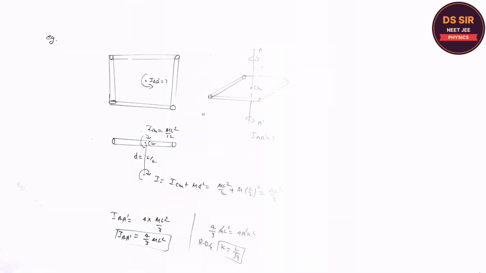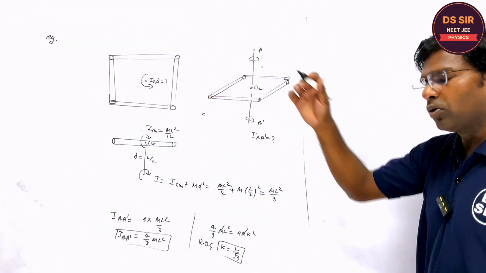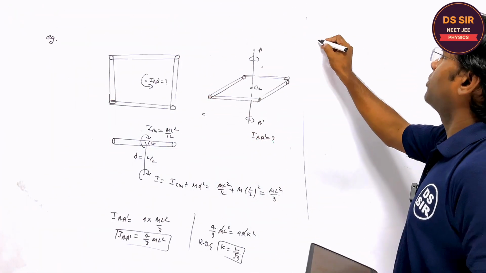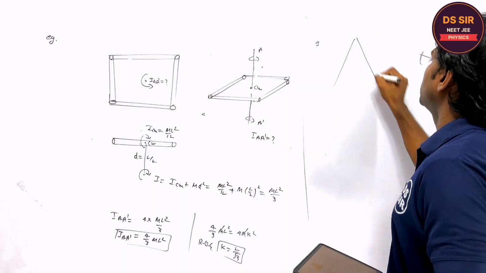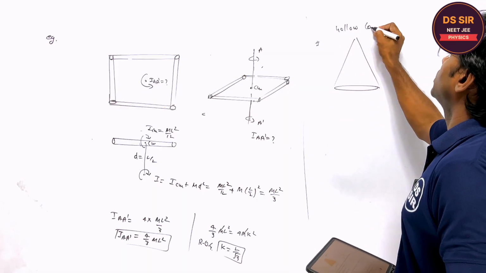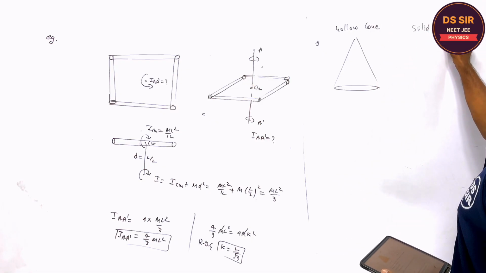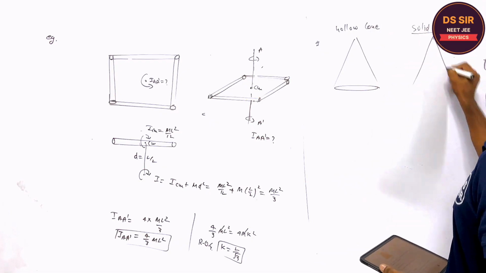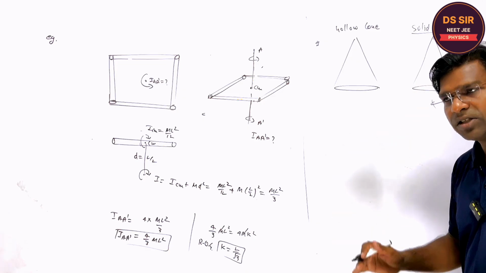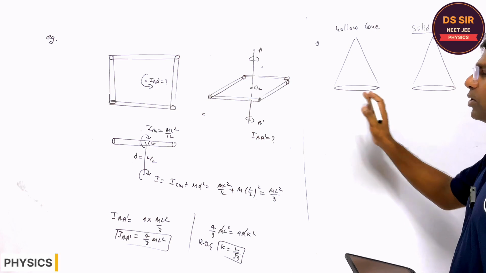Copy this. Wait for 1 minute. You asked me the moment of inertia. Okay, so this question we will continue, but now for the cone. This is the hollow cone, and this is the solid cone. I'm writing the moment of inertia, although we should do the derivation for each and every part, but right now we are not doing this because it will take half an hour.